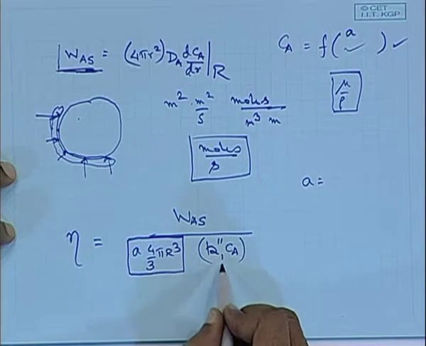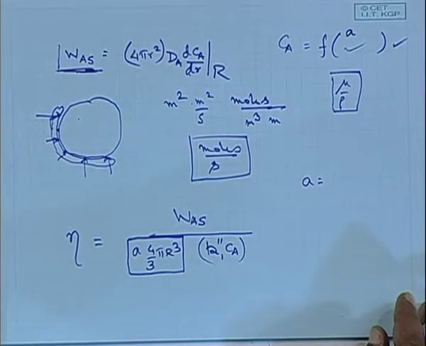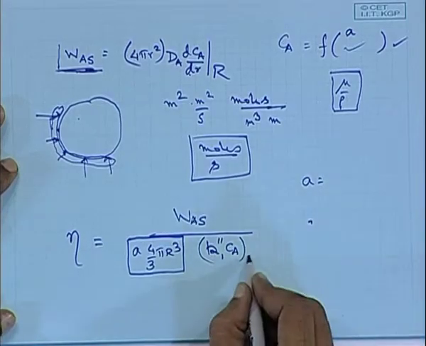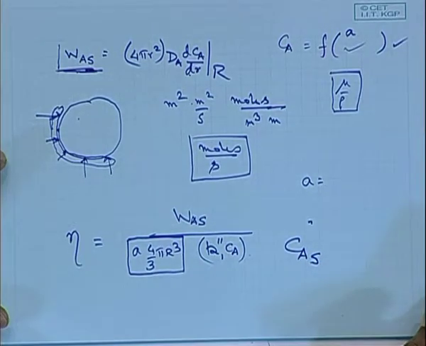Now, I multiply that with K1 double prime Ca. What should be the subscript of Ca? What C am I going to use here? You are saying that it should be CAS. Why CAS?